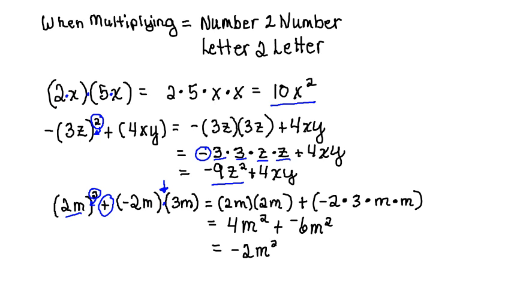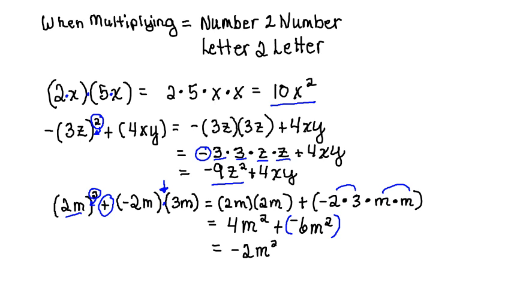So I have 2m times 2m plus number to number, negative 2 times the 3, and then letter to letter, m times the m. So my first one gives me a 4m squared plus the negative 6m squared. And technically, this should really have parentheses around it so that you know it's a negative.